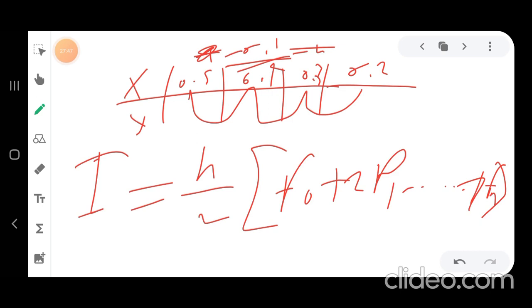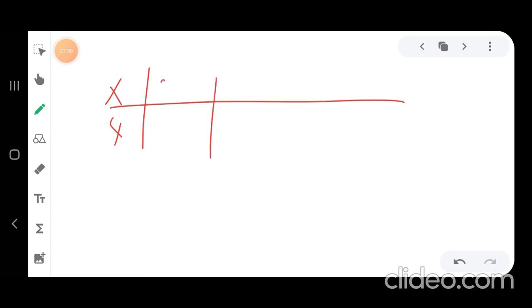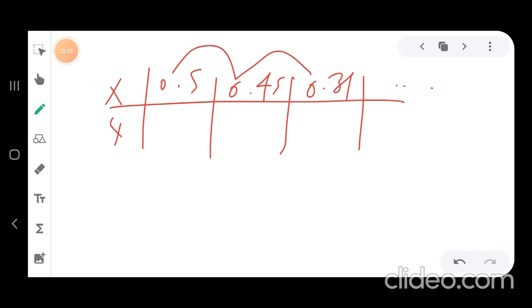Okay, but what if we have unequal intervals? We have, for example, something like this: x and y, then we have 0.5, then 0.45, then 0.31, etc. So you can see we don't have a constant interval. This case we call unequal intervals. Is there a solution for this case?